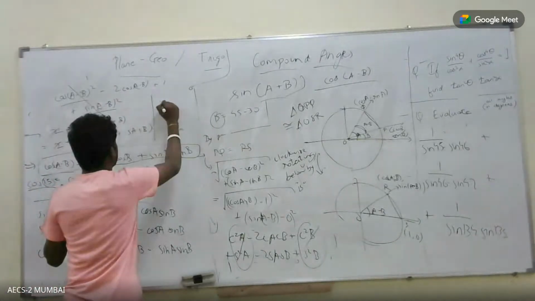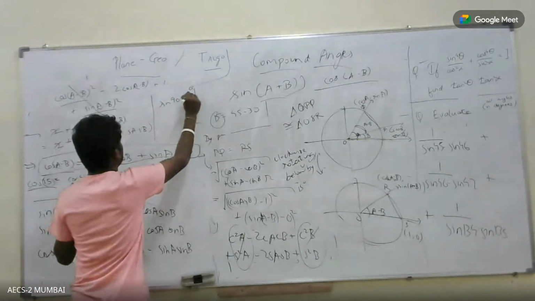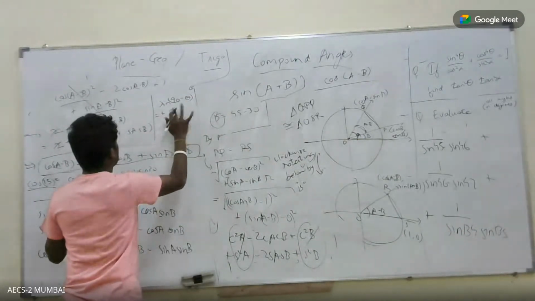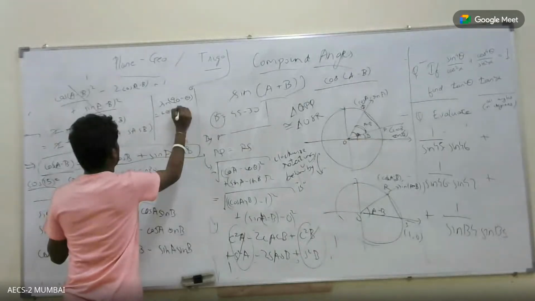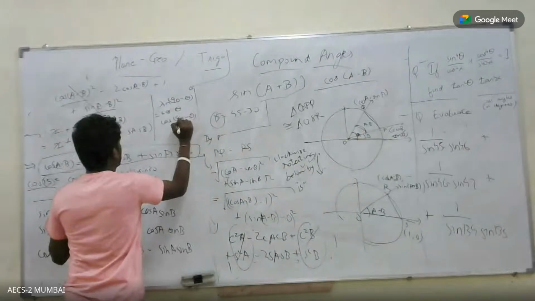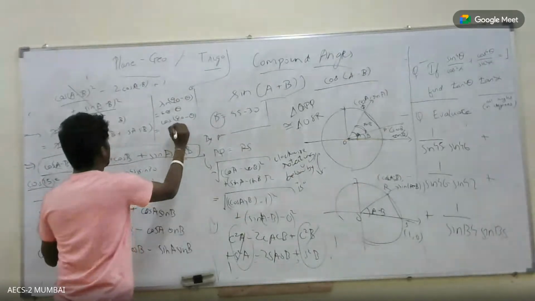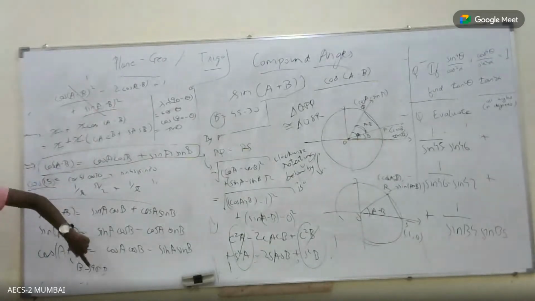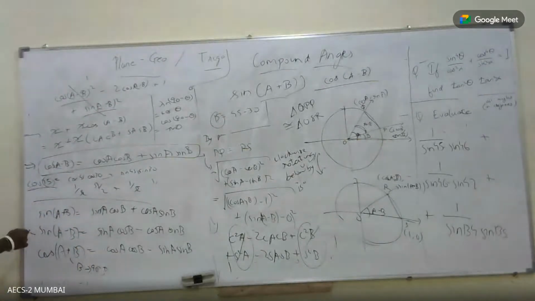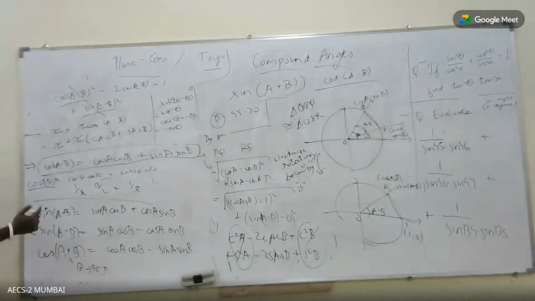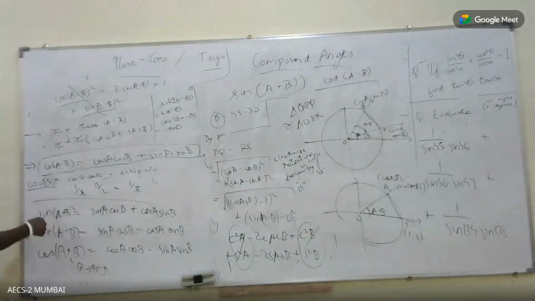Because we know the identities that sine of 90 minus theta is equal to cos theta, and cos of 90 minus theta is equal to sin theta, right? Using this, you can put b as 90 minus b and obtain sine of a minus b. And once you have sine of a minus b, what can we do to get sine of a plus b? Again, put b equal to minus b, and you will get the sine of a plus b identity in terms of sine a minus b.